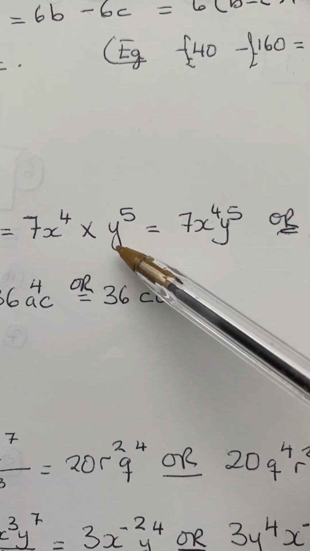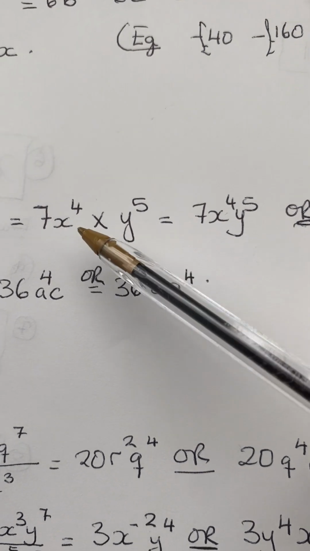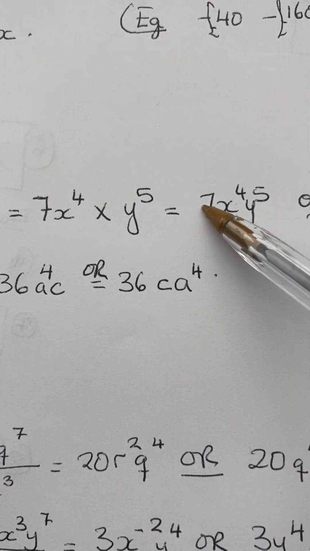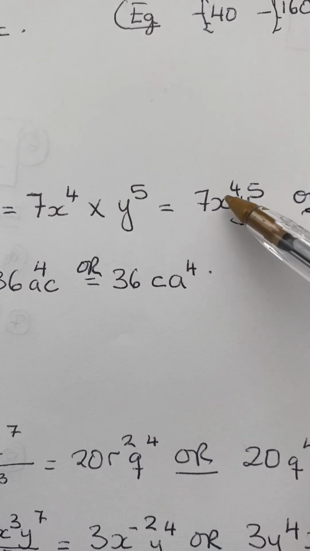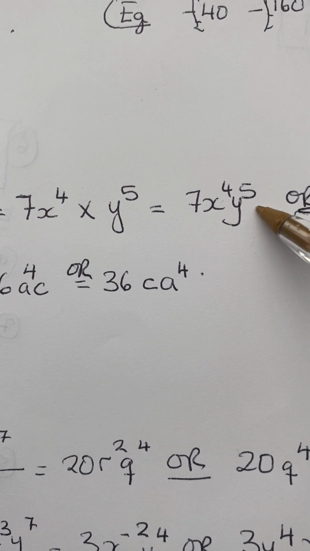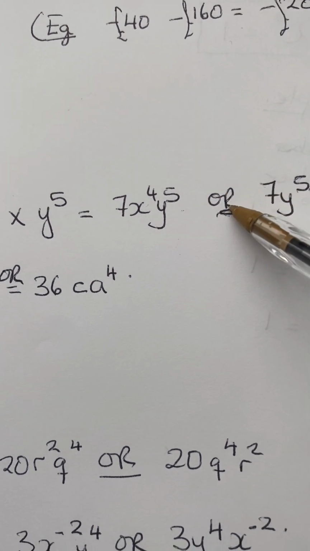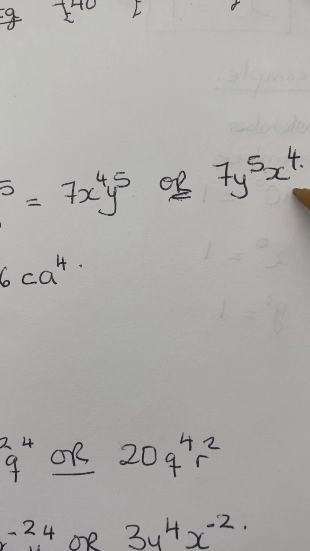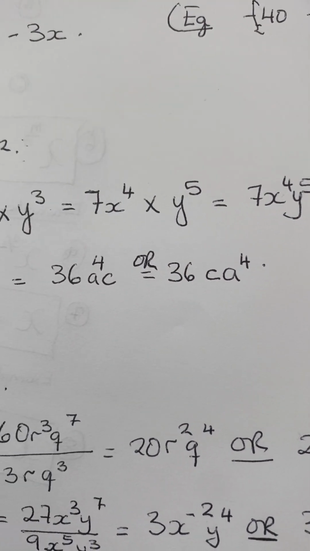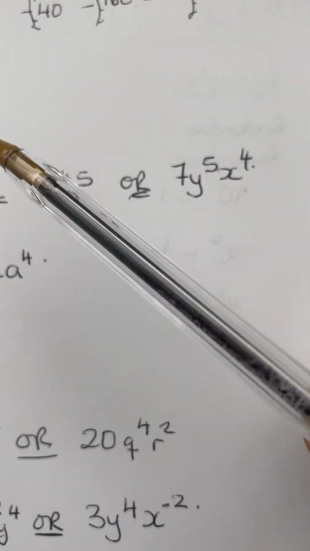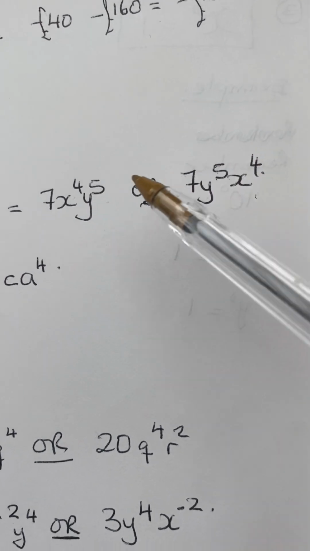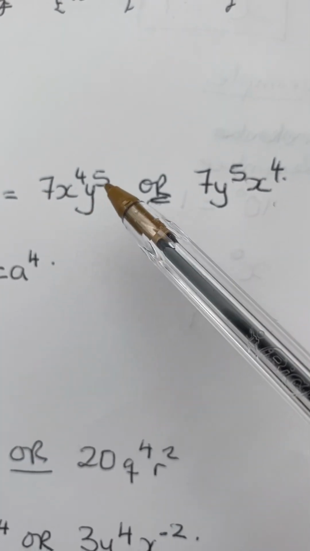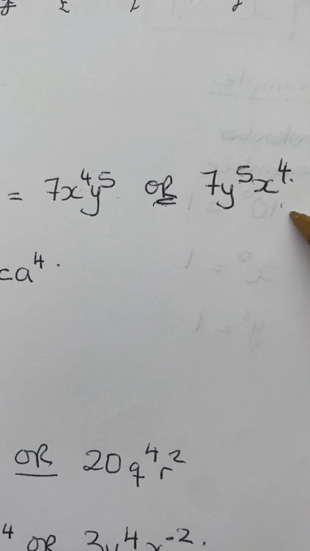So if you are multiplying, it's allowed. So 7x to the power 4, y to the power 5, or 7y to the power 5, x to the power 4. Okay, whichever way you put them is right, as long as the powers are on the right variable.